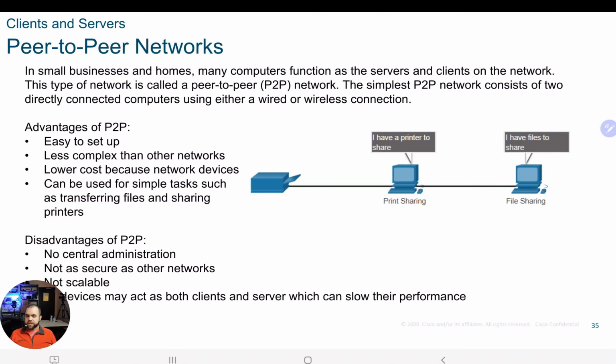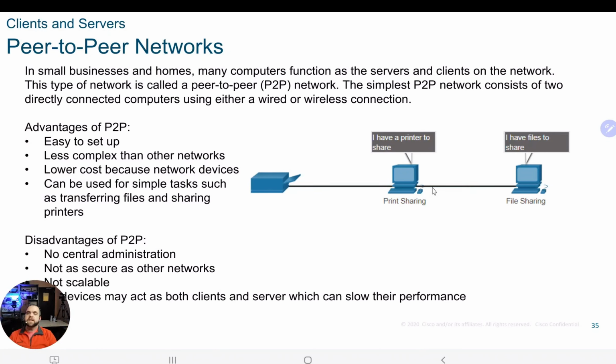Now she has become the print server. She does her normal stuff, but behind the scenes she's acting as that print server. And maybe the dentist's computer acts as a file server. He creates a folder on his hard drive, right-clicks on it and shares it out to the network, and now we have this peer-to-peer functionality.